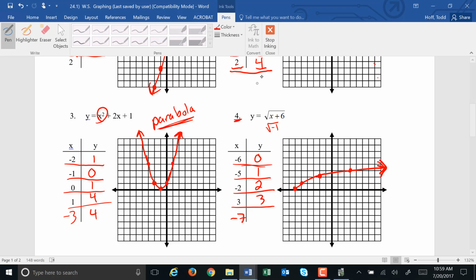It's something called an asymptote. And what it does is it limits what points can be graphed. And for here, that asymptote does not allow us to go to the left of negative 6 because x cannot be smaller than negative 6.